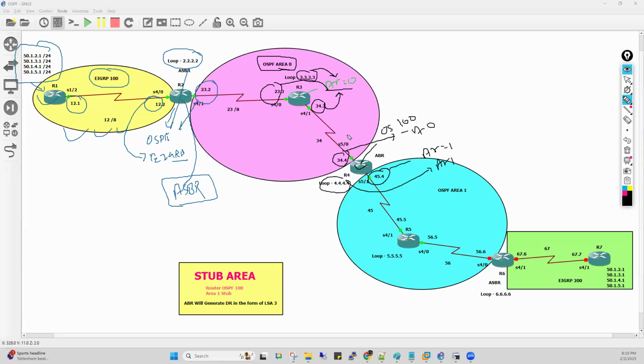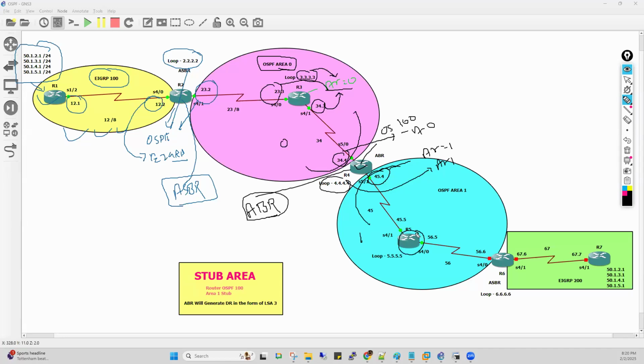Basically, on this router, this part is area 0 and this part is area 1. So this router will be known as which router, guys? ABR. Are you agreed? Yes or no? This router will be known as the ABR router.